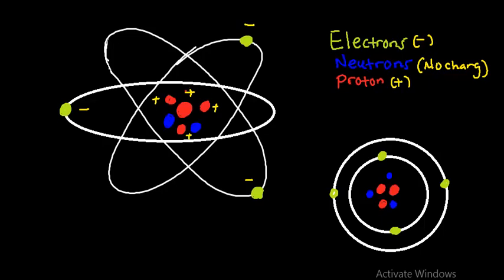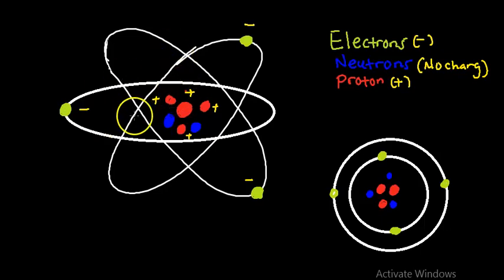First of all, if you notice, this is what we call the atom, and this is the structure of an atom. An atom is simply the basic building block of all matter in chemistry. Atoms can combine with other atoms to form molecules, but cannot be divided into smaller parts by ordinary chemical processes.